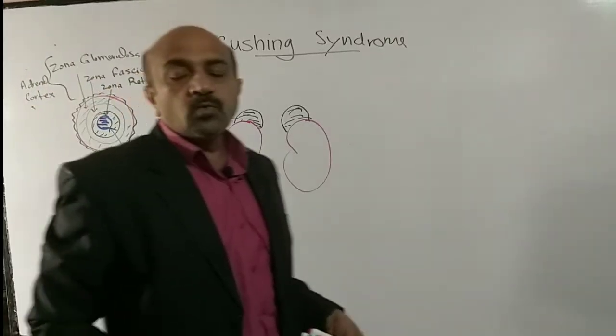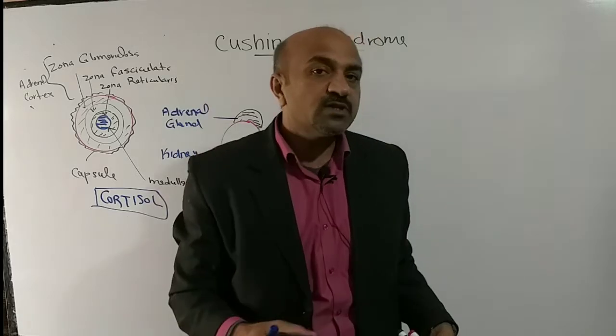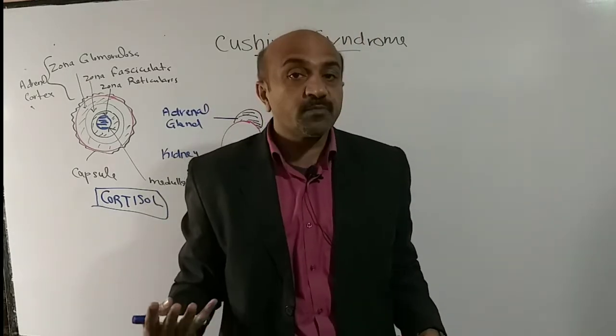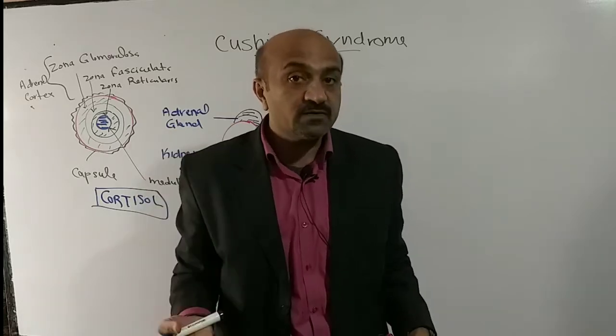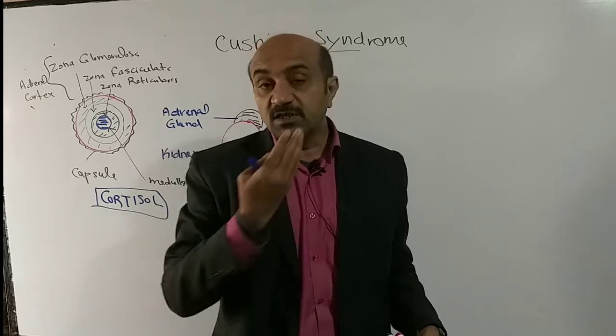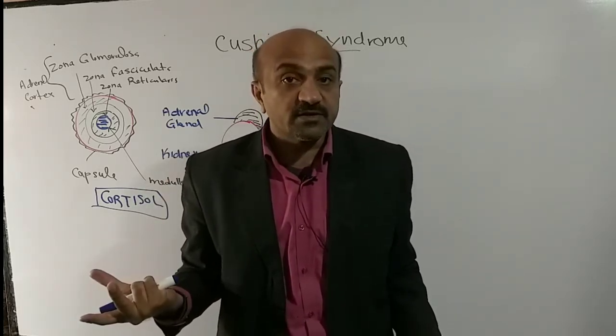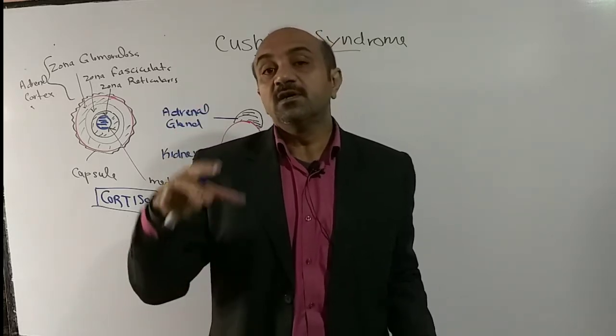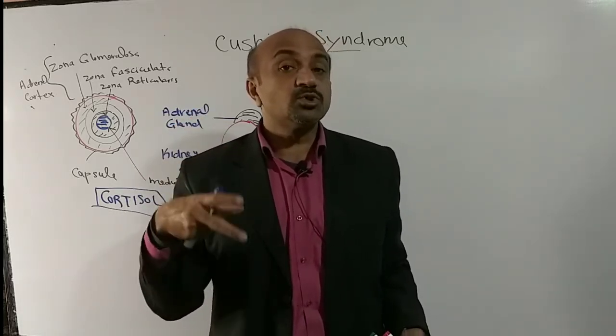So up till now we have seen where the cortisol comes from, but do the adrenal glands produce cortisol all by themselves, or are they controlled from some higher centers? What are those higher centers? At the moment we are talking about the anatomy of the system involved in Cushing syndrome.